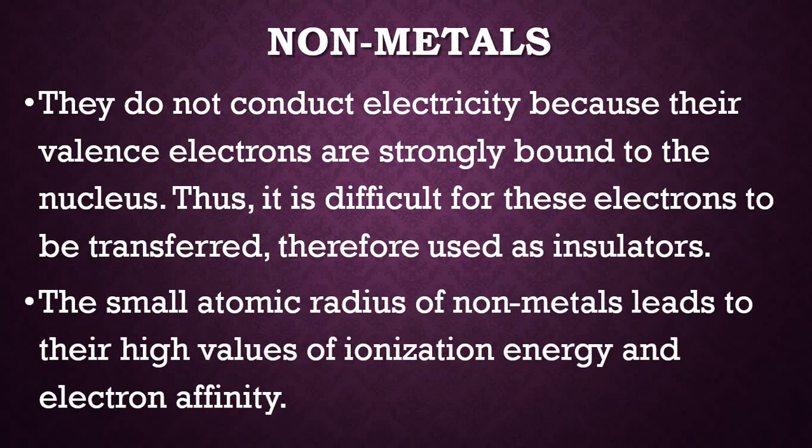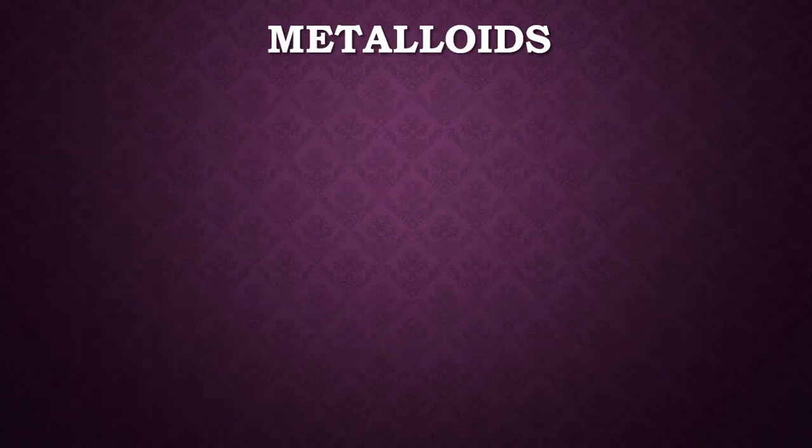So it's difficult for the valence electrons of a nonmetal to be transferred from an energy level to another. Therefore, nonmetals can be used as electric insulators, as they're non-conductors of electricity. And as we said, nonmetals have small atomic radius that leads to high values of ionization energy and electron affinity.